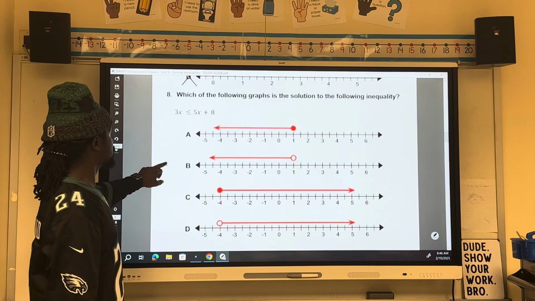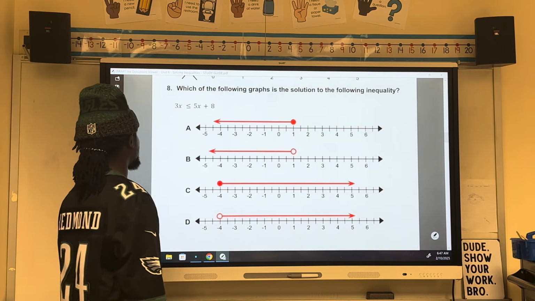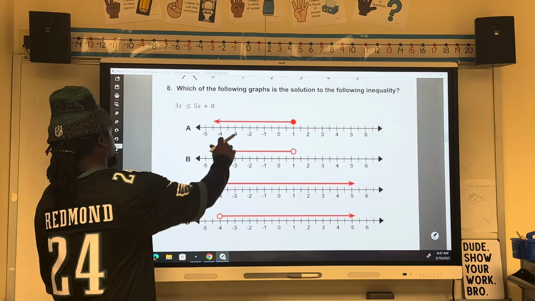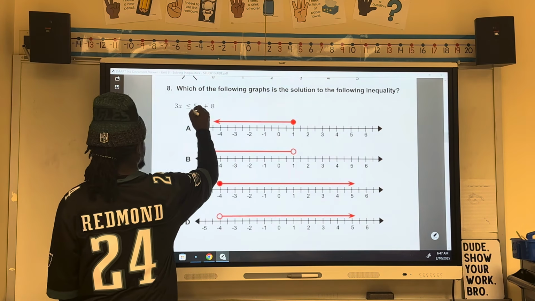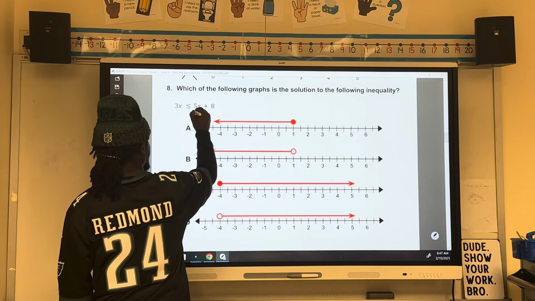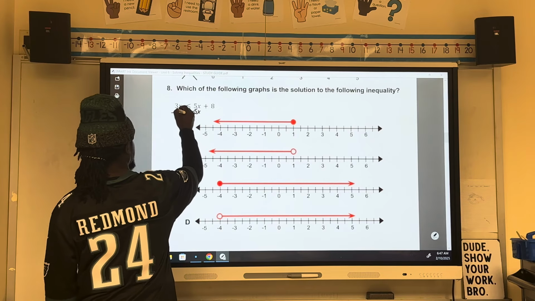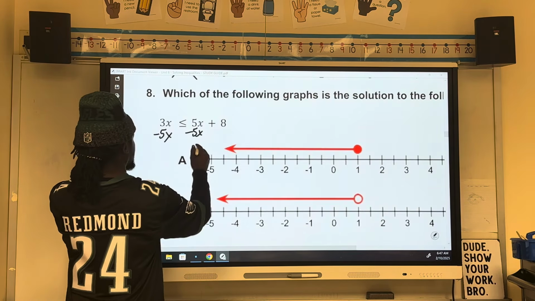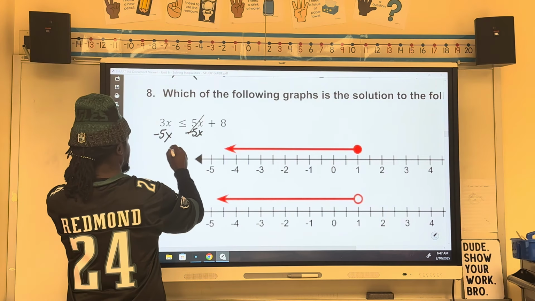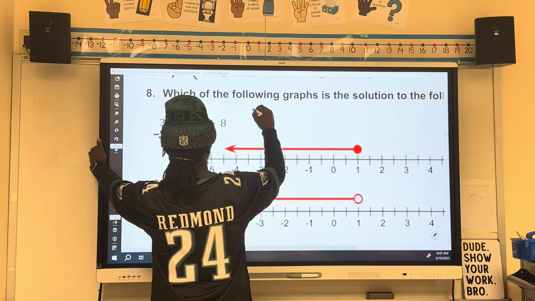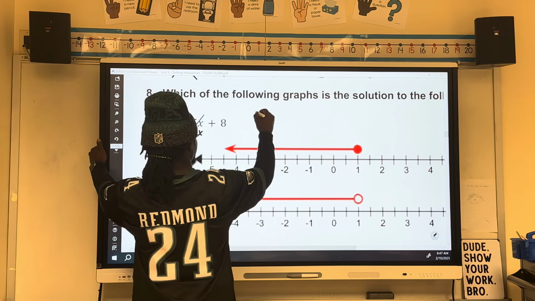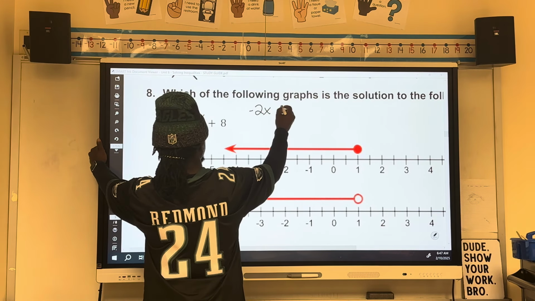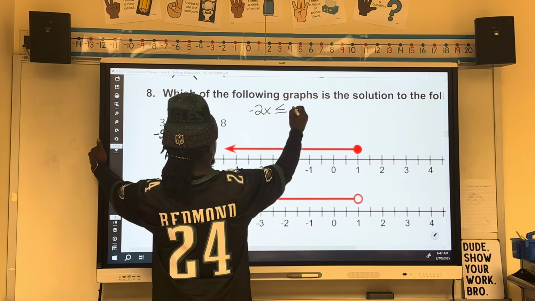All right, moving on. Question number 8. We're matching the graph with the inequality. So we're gonna get the x's to this side, minus 5x, minus 5x. Okay, then that's gonna cancel that out, and I'll just rewrite it over here. I got negative 2x is less than or equal to 8, right?